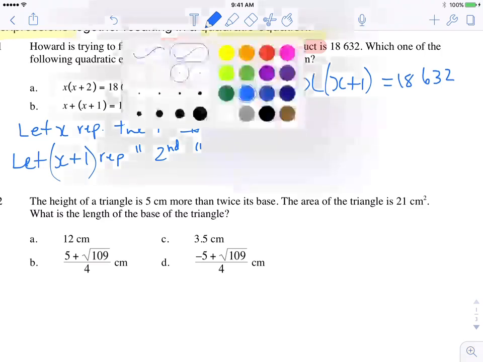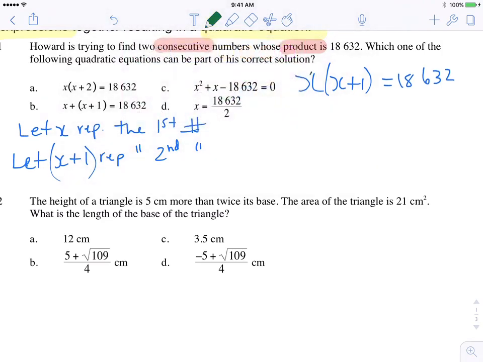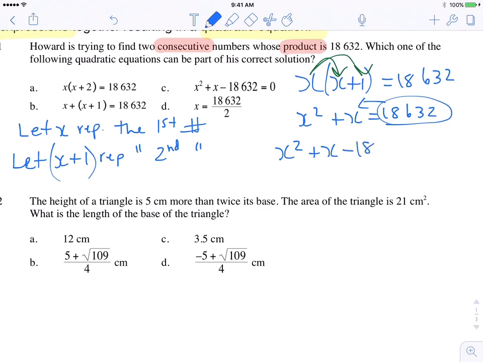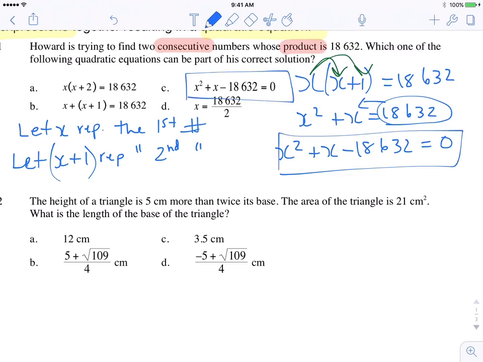If I use the distributive property here, I have x times x and x times positive 1. x times x is x squared, and x times positive 1 is positive x, and that would equal 18,632. If I subtract 18,632 from both sides, or as some of you like to think of it, bringing it over, I end up with x squared plus x minus 18,632 equals 0. And that's what we have right here. So our answer is C.